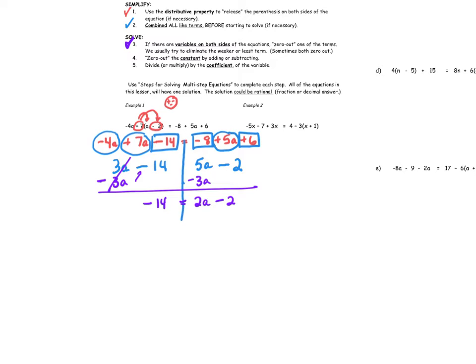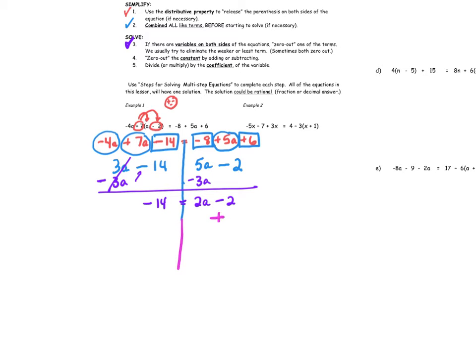We've eliminated a variable on one of the sides. The next step says that we are supposed to zero out the constant, okay, by adding or subtracting. So this is the only thing on this side. I'm going to start on the side with the variable, and the constant is the number without the variable. And I see minus 2. So once again, we're going to do the opposite.